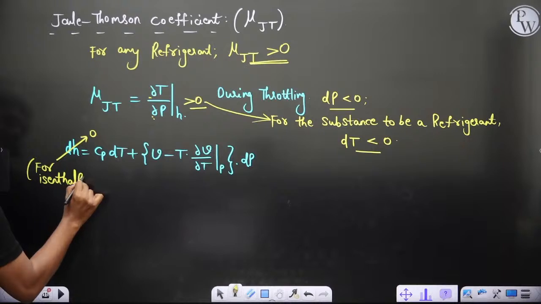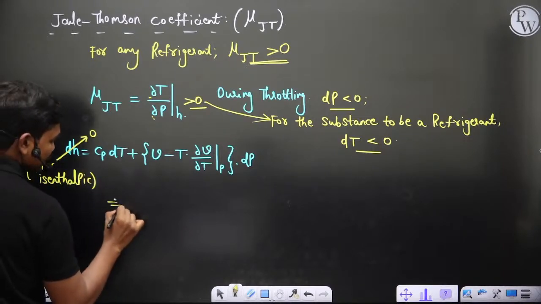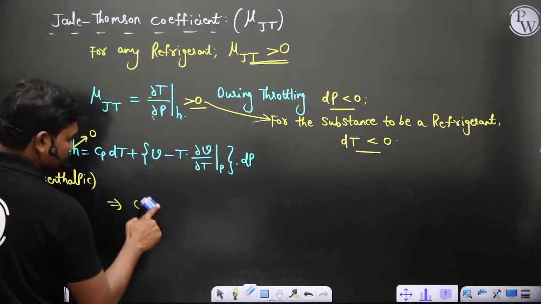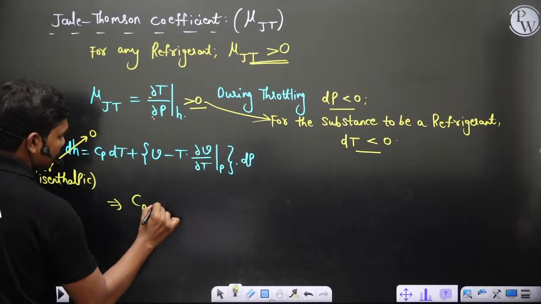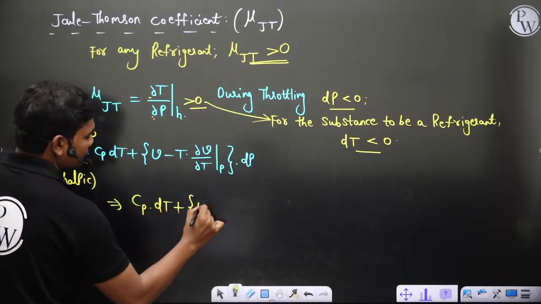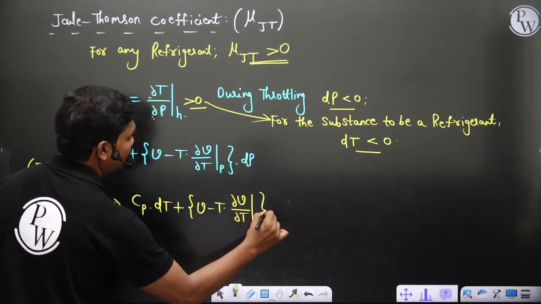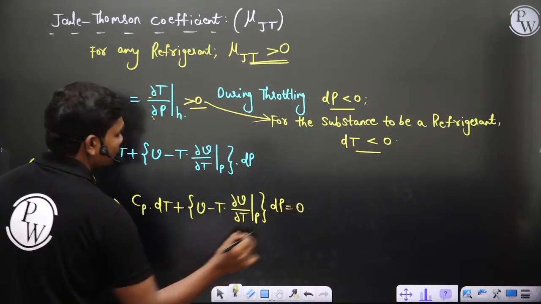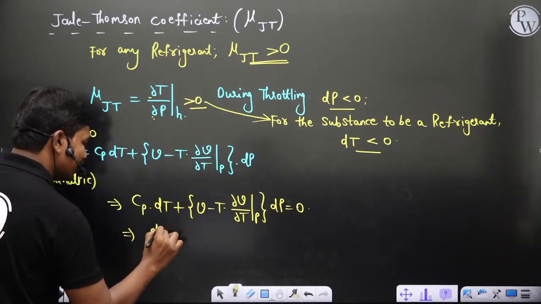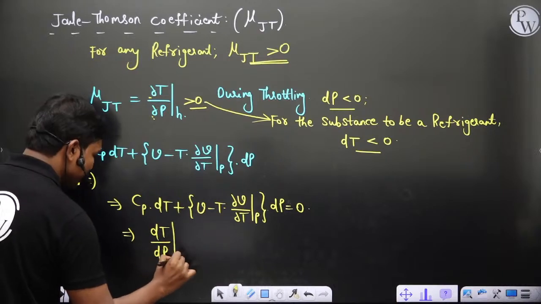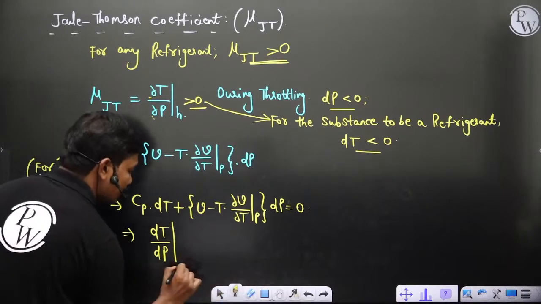So this gives you Cp dT plus (V minus T dou V by dou T at constant pressure) dP is equal to 0.